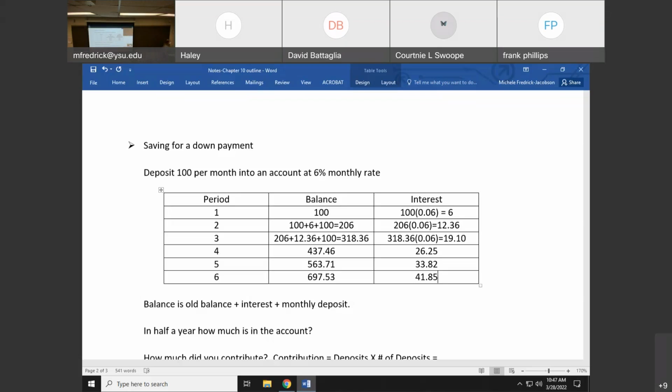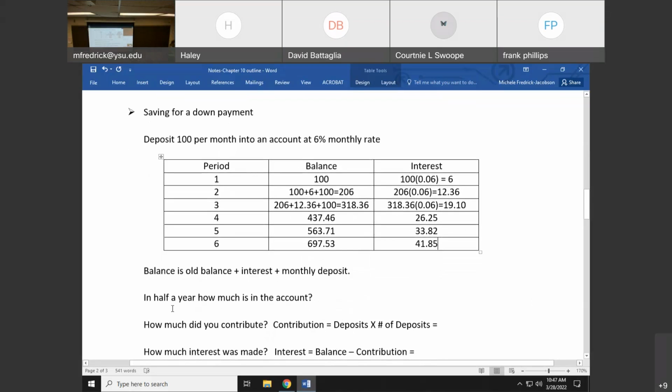Okay. So old balance plus interest plus, if there's a deposit, the monthly deposit. In half a year, how much money is in the account?